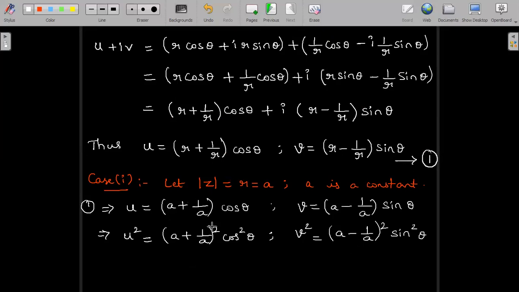Or directly, first we will represent this constant as say capital A and a minus 1 by a as say capital B. First we can assume like that, then only we can divide. Anyway, both the things are correct. So let us assume the constant a plus 1 by a is equal to say capital A, and a minus 1 by a is equal to say capital B. Now with these we substitute in the previous expression.